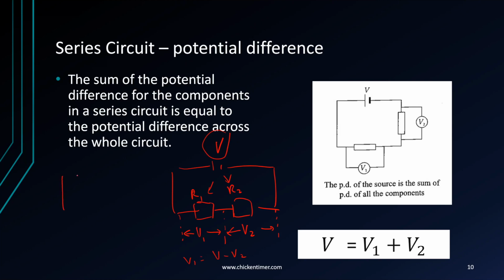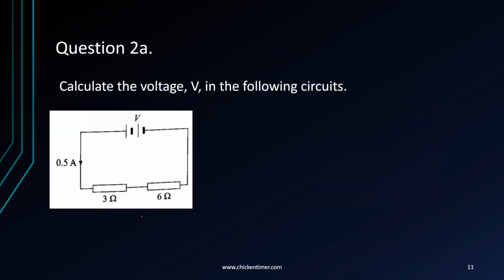If I have multiple components, that means more resistors like this: R1, R2, R3, V1, V2, V3. So V in this case would be the sum of all three. So if you have indefinitely many resistors, your V will be the sum of all the potential differences across all the resistors.